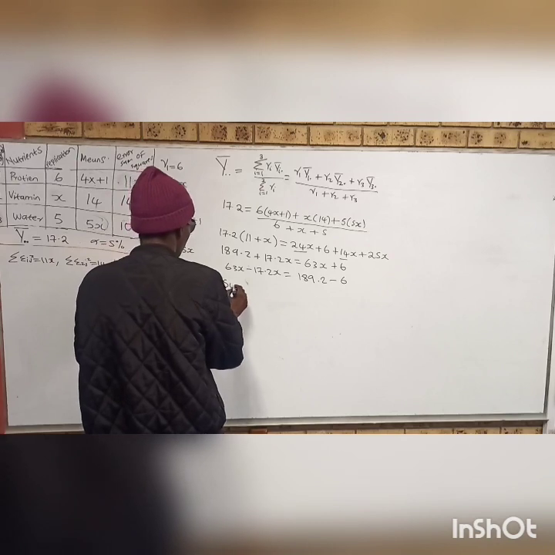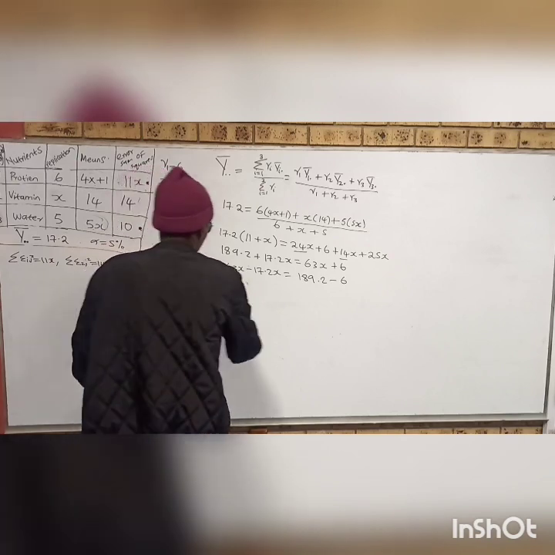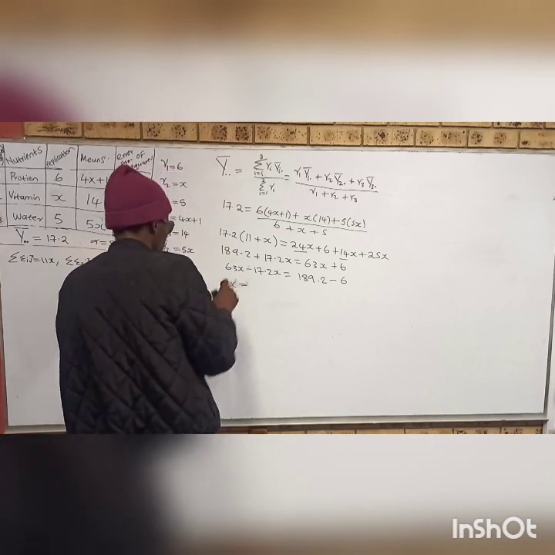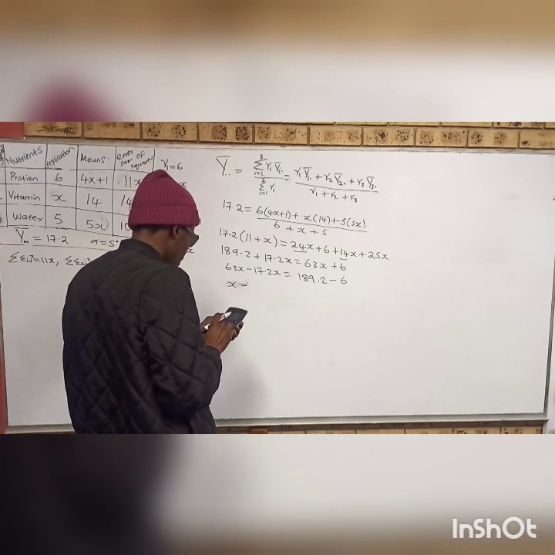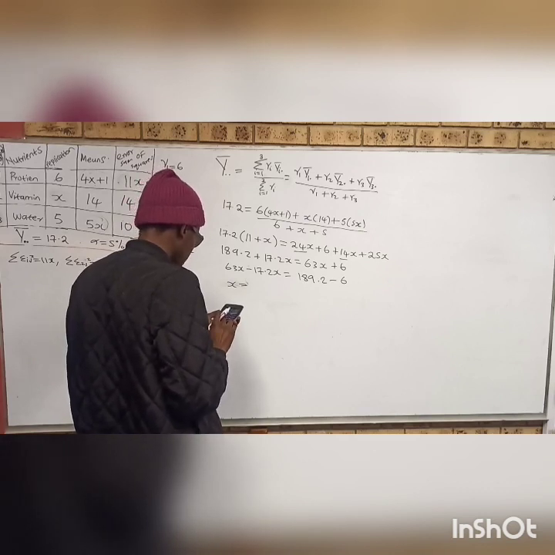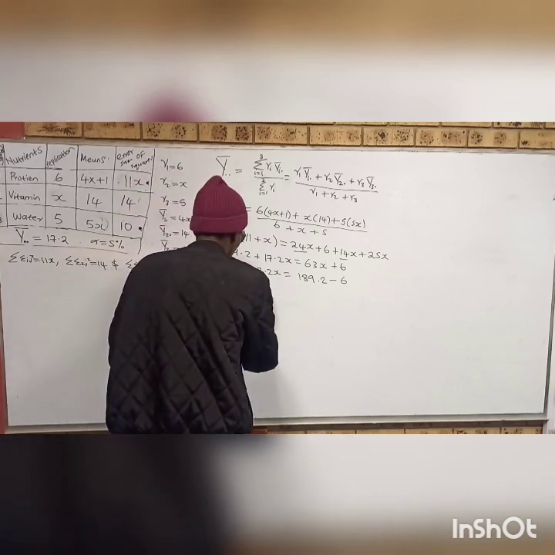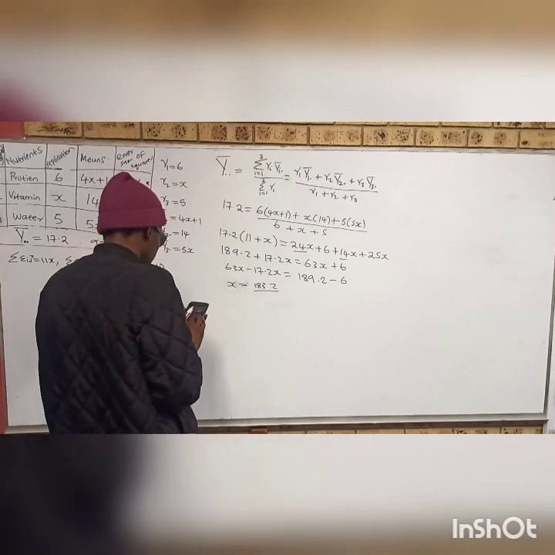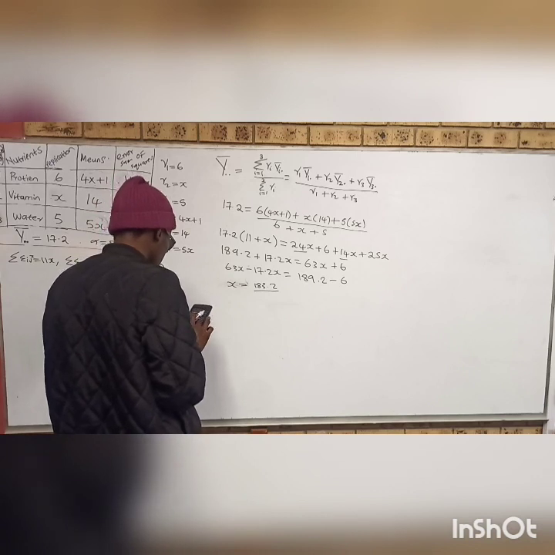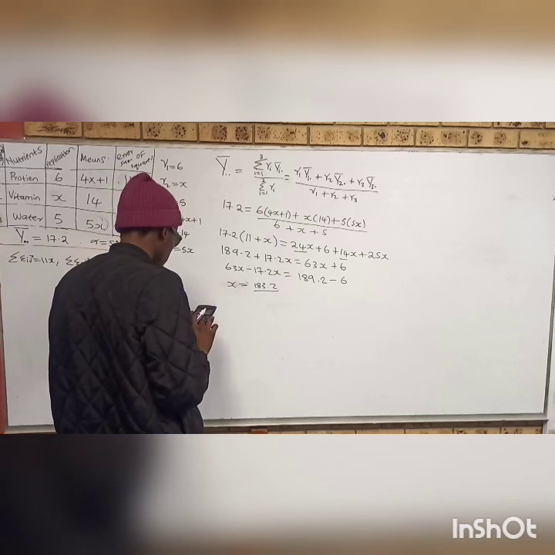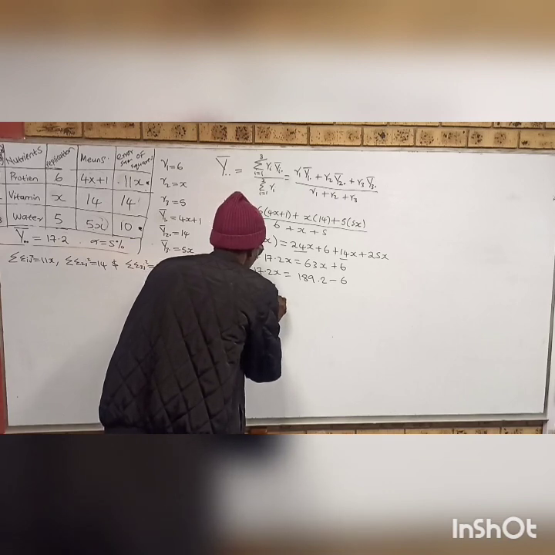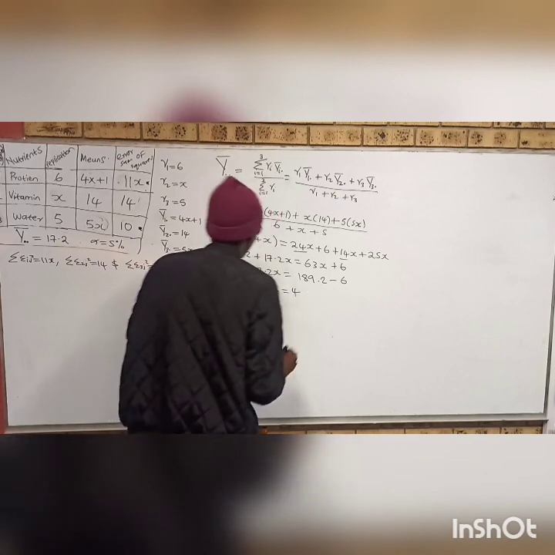So x is the same as 189.2 minus 6, which is 183.2, divided by 63 minus 17.2, which is 45.8, which equals 4.